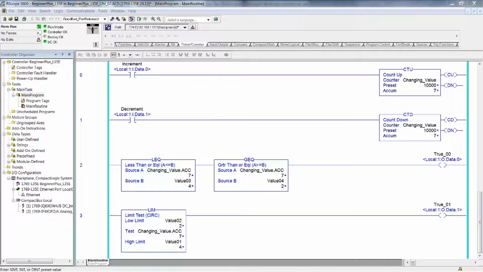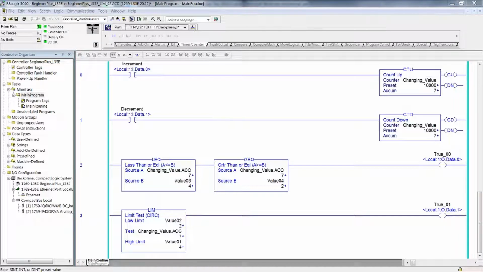And did the limit instruction include both the low limit and the high limit, was it inclusive of those two values for the true out? Yes, it was. With the less than or equal to and the greater than or equal to, the functions were inclusive of source B. With the limit, it was inclusive of both the high and the low limits.